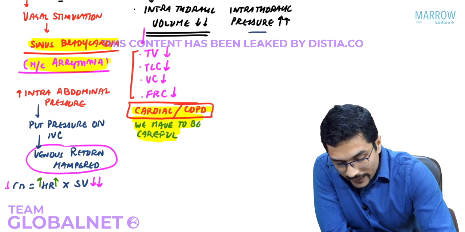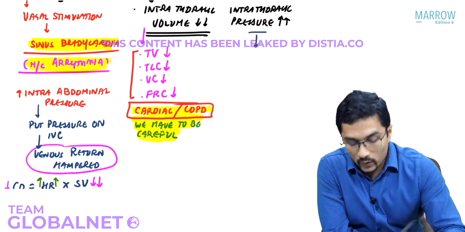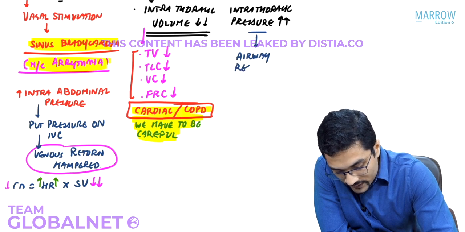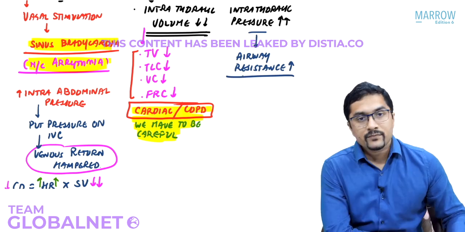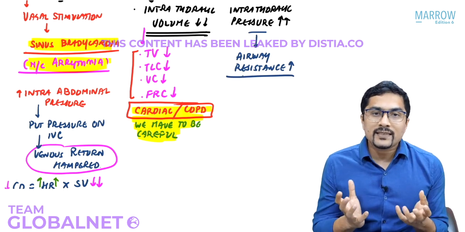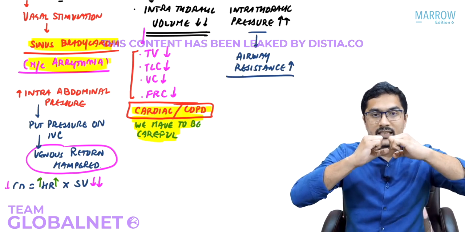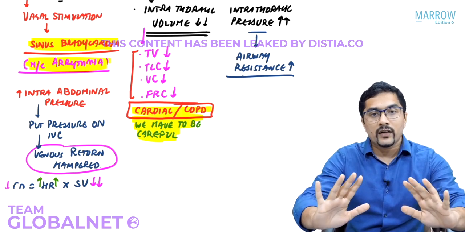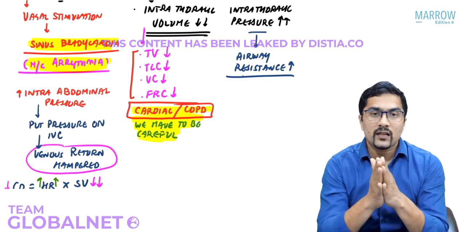Now the intrathoracic pressure is increasing. So the airway resistance increases. In simple terms, what does that mean? If there is increased airway resistance, more pressure is required for air to go into the lungs.